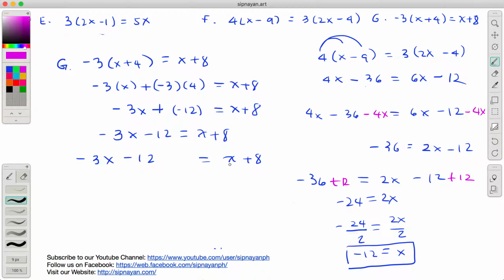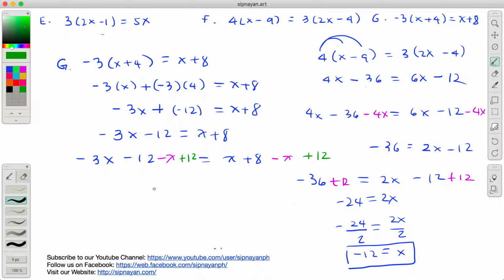Ayaw natin ng x sa kanan, so magma-minus x tayo. Magma-minus x din tayo dito. Basta kung anong gagawin natin dito, gagawin din natin doon sa kabila. Diba? Both sides dapat. Tapos, ayaw natin ng x sa kanan, ayaw din natin ng numbers sa kaliwa. So, yung minus 12, gagawin ko siyang plus 12. Pwedeng sabay, di ba?